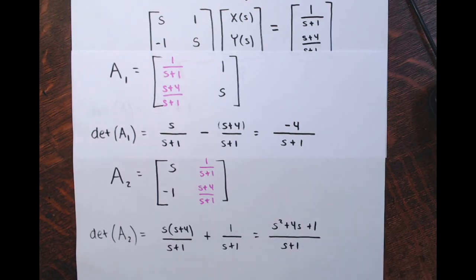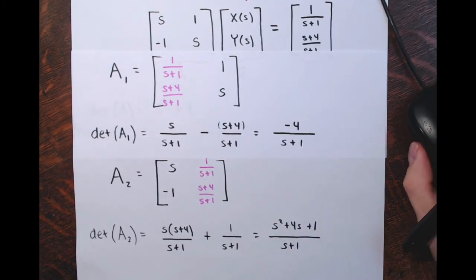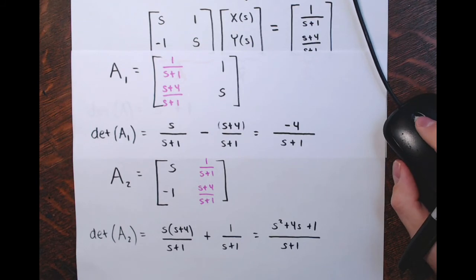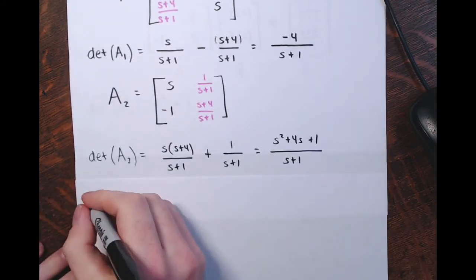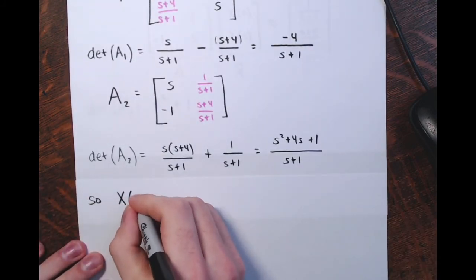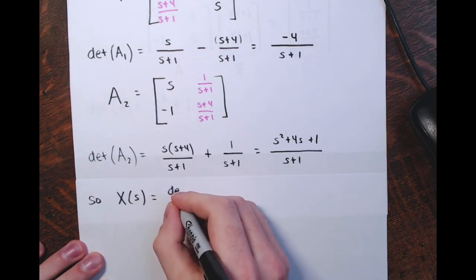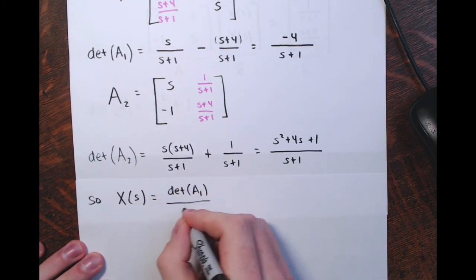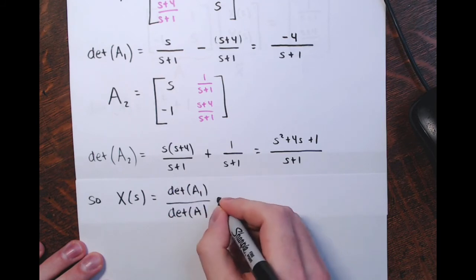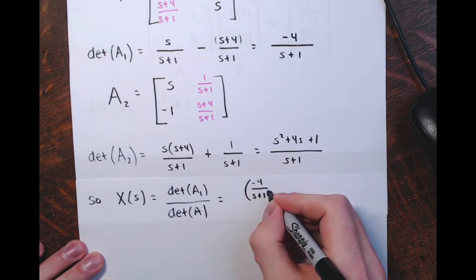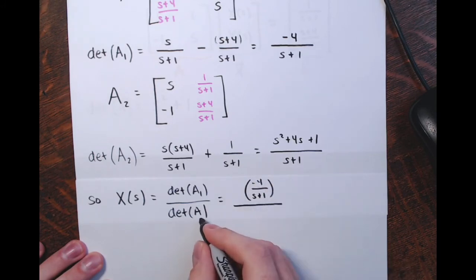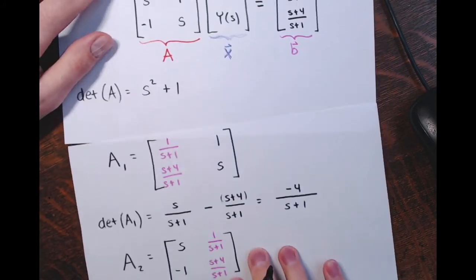So now I've got these determinants, determinant of A1, determinant of A2. And we find those components of the solution to this system. That x of s that I'm looking for would be the determinant of A1 divided by the determinant of A. The determinant of A1 was this negative 4 over s plus 1, and the determinant of A we saw earlier was s squared plus 1.